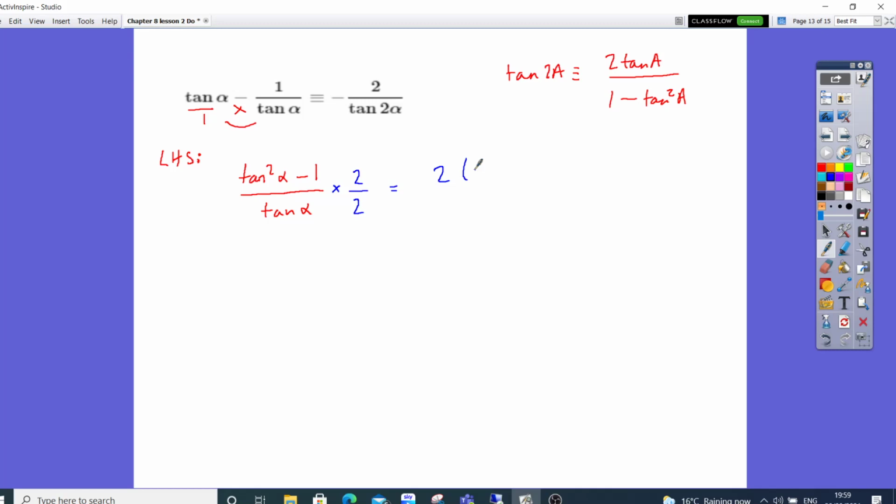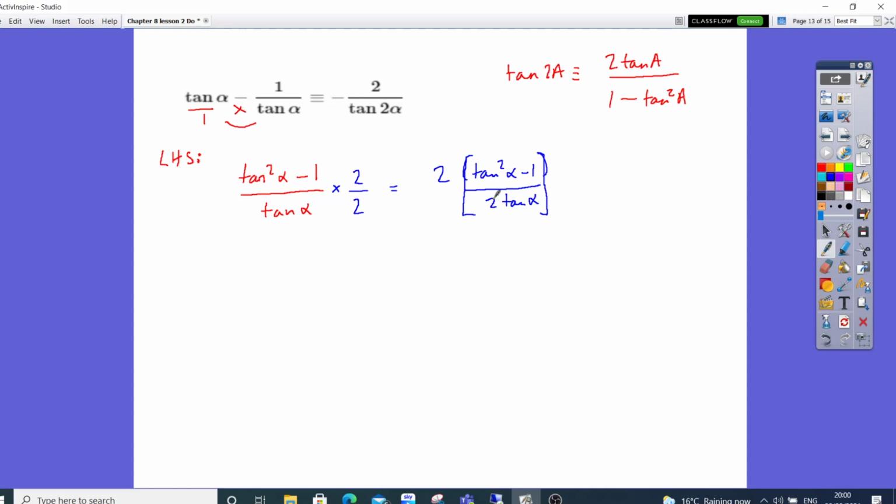So I'm just going to put tan squared alpha minus 1. But on the bottom, it gives me 2 tan alpha. Now that, if I put a bracket around the whole thing here, is almost the same as tan 2a, but it's actually the reciprocal of that.